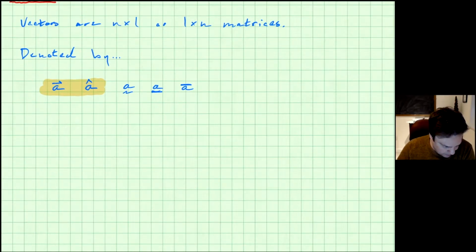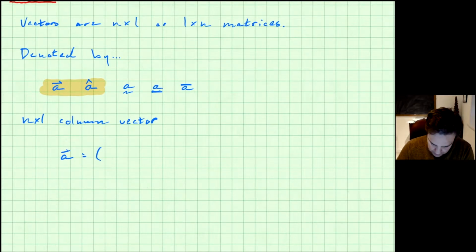And so let's just write out an example. An n by 1 column vector looks like this. It's the vector A. Sometimes you'll say it's the grouping of the elements A sub i1, because i indicates the row, and there's only 1 column.